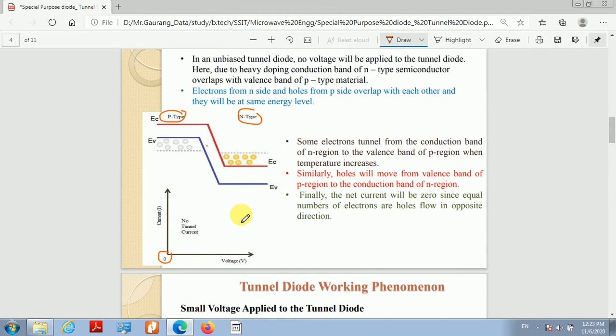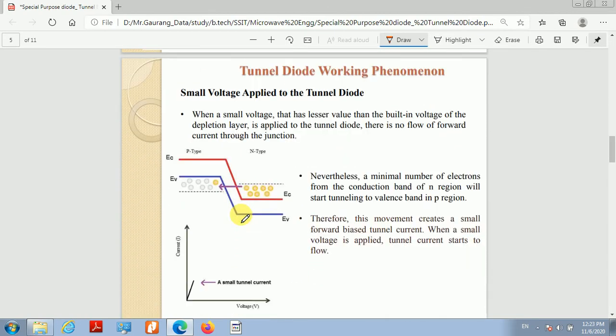Now if we apply a small voltage to the tunnel diode, lesser than the built-in voltage of the depletion layer, then there is no flow of forward current through the junction, but a minimum number of electrons from the conduction band of the n-type material will start tunneling to the valence band in the p-type material.